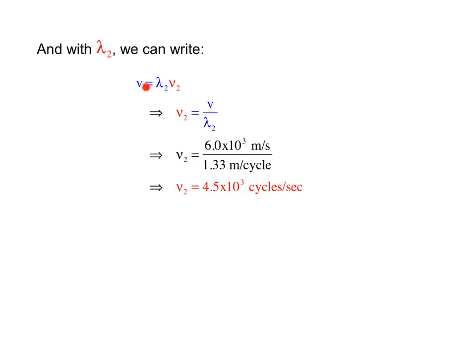So now we know what the wave velocity is. That was 6,000 meters per second. We know what lambda is because we knew what L was, and from that we can figure out what the frequency is. And if we just do the math, lo and behold, apparently it comes out to be 4,500 hertz.